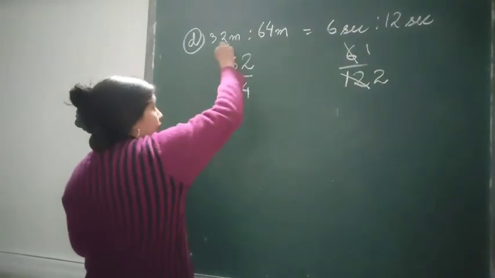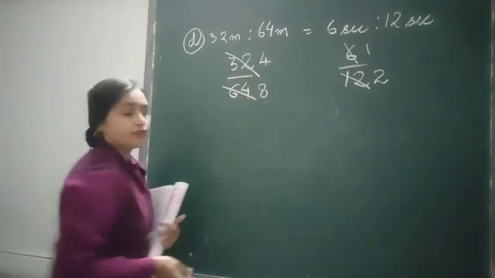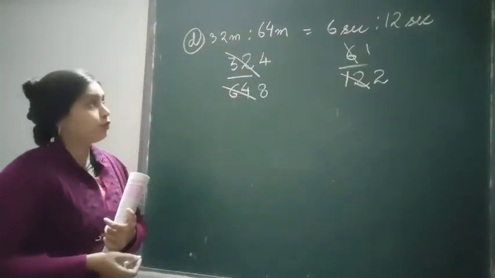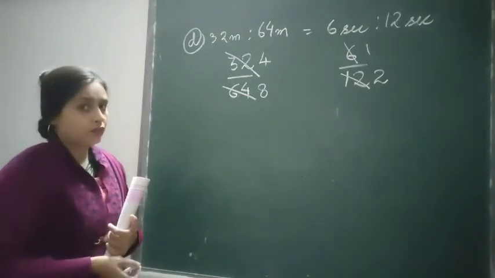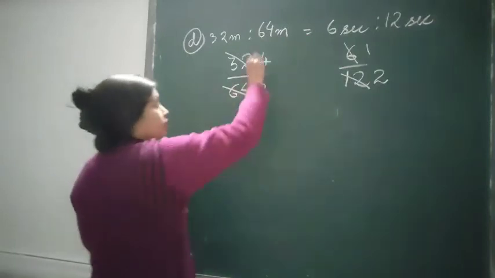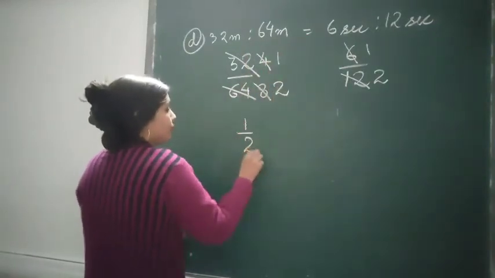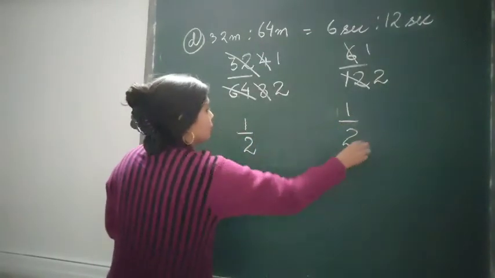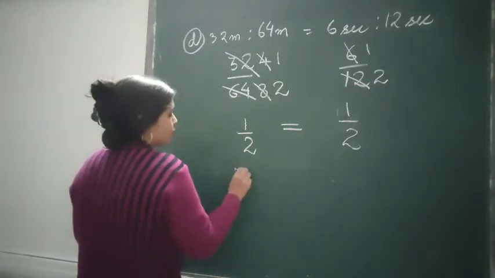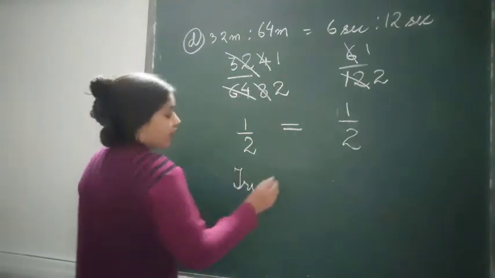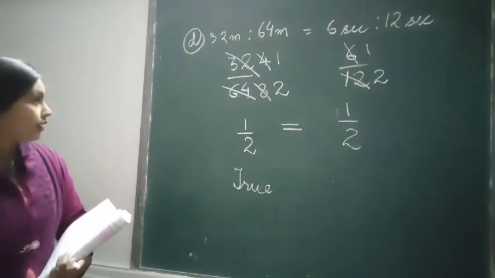Both are divisible by 8. 8 fours are 32, 8 eights are 64. Again, both 4 and 8 are divisible, the numerator and the denominator both will go by 4 again. So 4 ones are 4, 4 twos are 8. So this is 1 by 2 and 1 by 2. Are they equal? Yes, they are. So answer is what? True or false? Answer is true again.